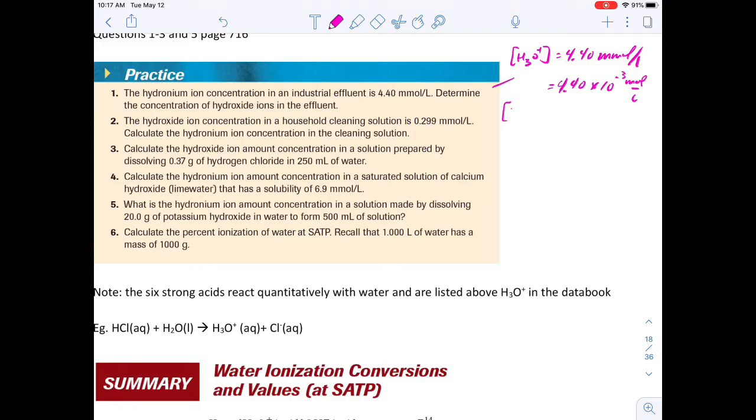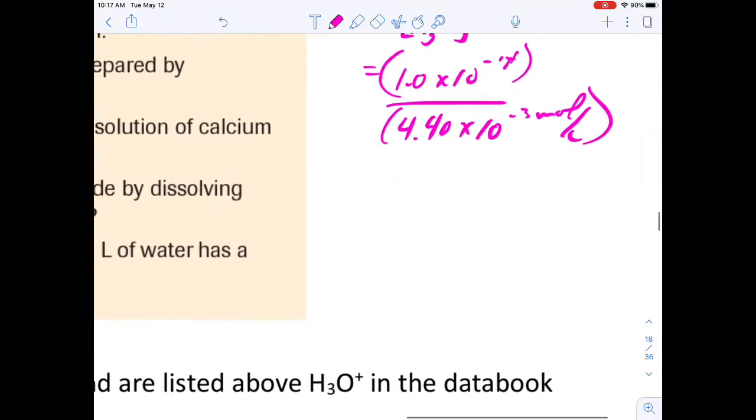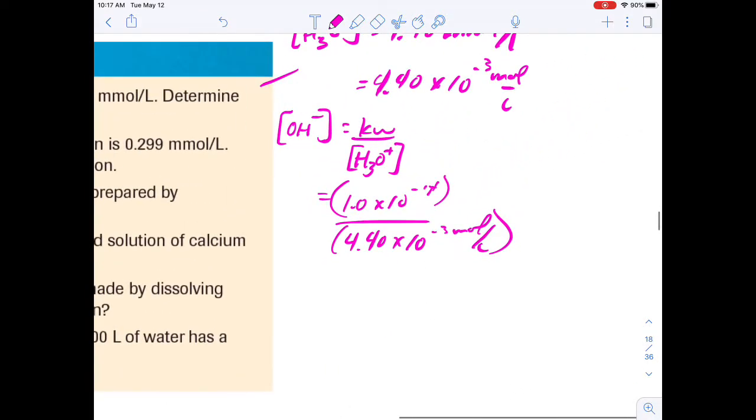The concentration of hydroxides will equal Kw divided by the concentration of hydroniums. So 1.0 times 10 to the negative 14 divided by a concentration of 4.40 times 10 to the negative 3 mole per liter. And we should be able to do this calculation directly.